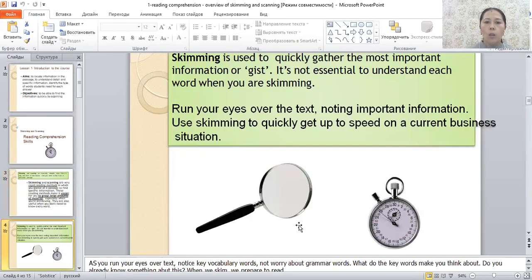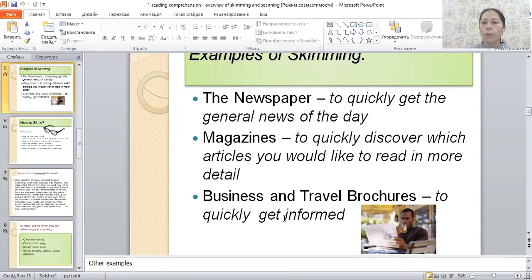So skimming is used to quickly gather the most important information, and you don't have to look at the detailed information in the text. For example, newspapers, magazines, business and travel brochures, you don't have to read all the information word by word.